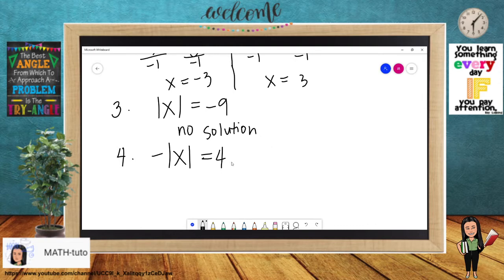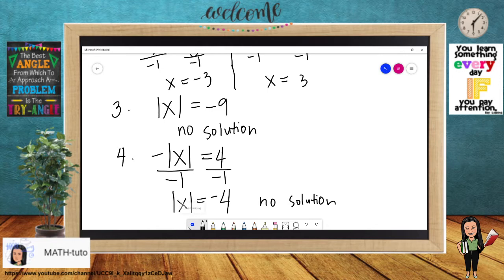Positive yung a. But, in here, meron siyang negative. If we divide both sides by negative 1, para kasi may definition tayo, absolute value, di ba? Negative 4. This is also not possible. Which means, ito ay wala ring solution. Okay, no solution din tayo dito.